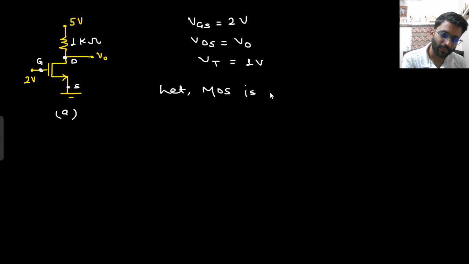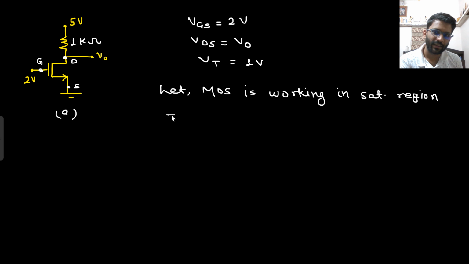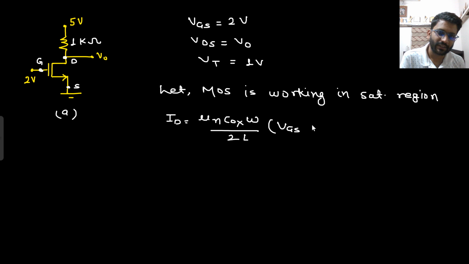Let the MOS be working in saturation region. So what will be your ID? ID value will be mu n Cox W by 2L times (VGS minus VT) square. I guess this value is given.